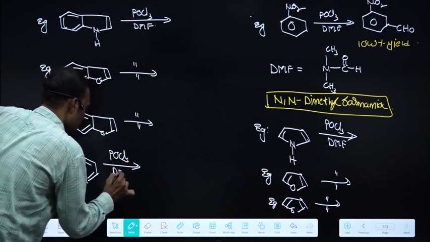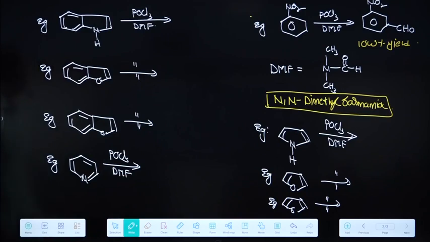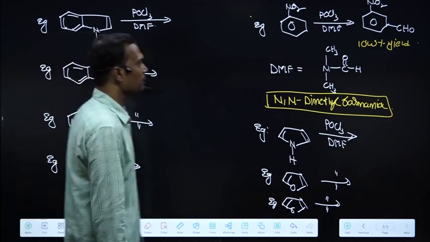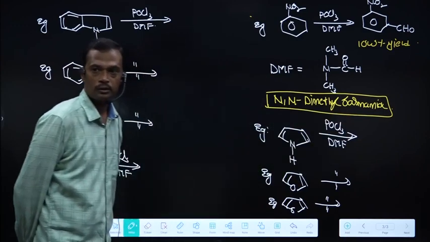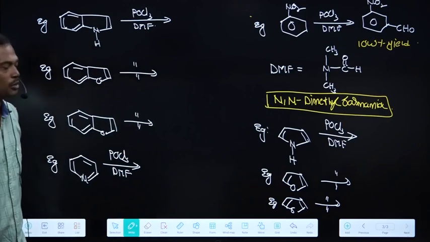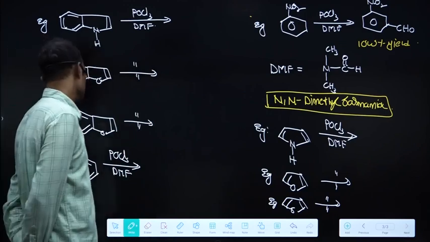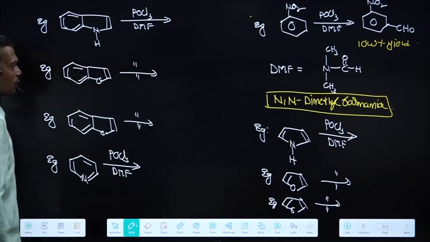POCl3 in DMF, it is highly inert. Position is 3, but highly inert. N,N-dimethyl formamide is one of the formylating agents on any aromatic systems in presence of POCl3, phosphoryl trichloride, and that will make formylation over here.